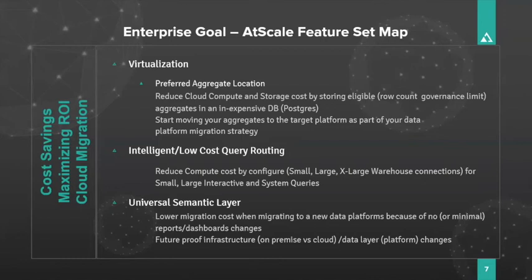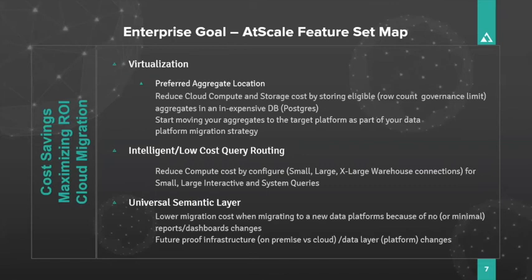The other feature which AtScale has and that helps with cost saving is intelligent query routing. What I mean by that is, specific to Snowflake, you have all these small, large, and extra large data warehouses. You can configure AtScale to route smaller queries to the smaller data warehouses, and the larger queries to the larger data warehouses.